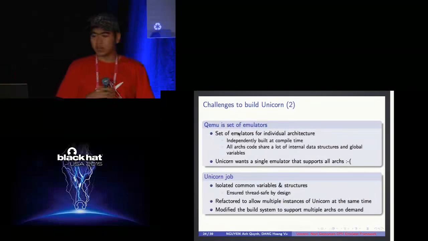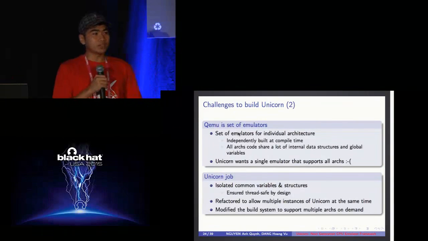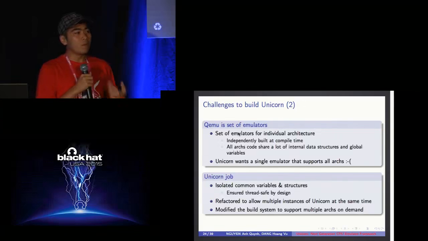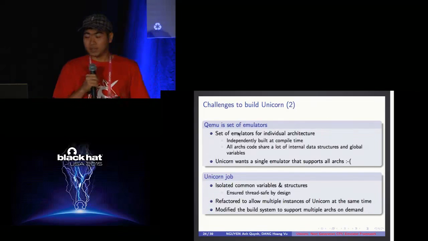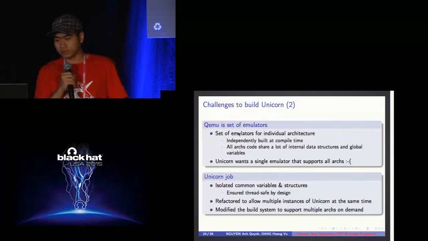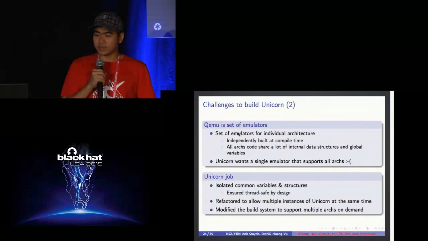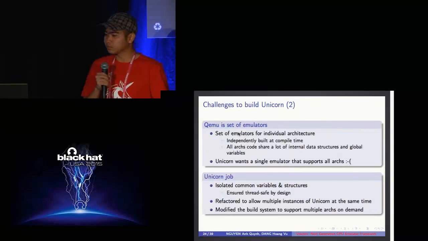So the second challenge is that QEMU is a set of emulators. They have all the architectures, but they compile into individual binaries. So each binary can only be used to simulate one architecture. This is decided at compile time. So after you compile, you have no way to emulate other architectures.